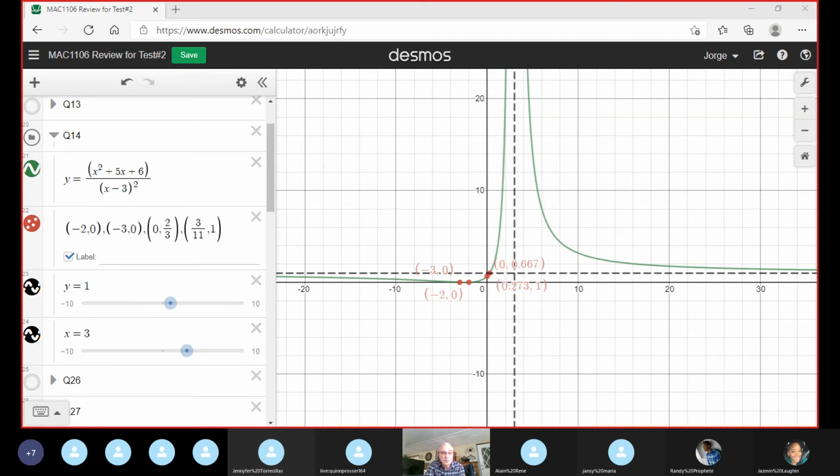Okay. Let's move on to another kind of question: polynomial inequality. Suppose this inequality is equation 15: x to the 4 power less than 9x to the 7.